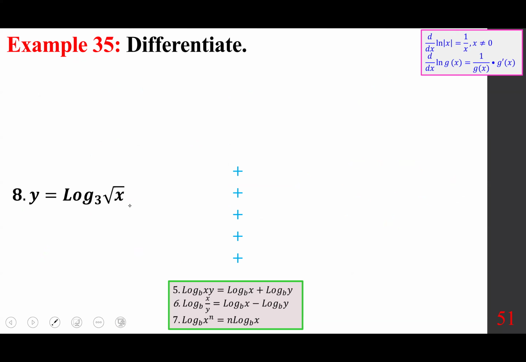Now, what about y equals log base 3 of x? So to do that, we haven't done that. We've done the case where the base was e.